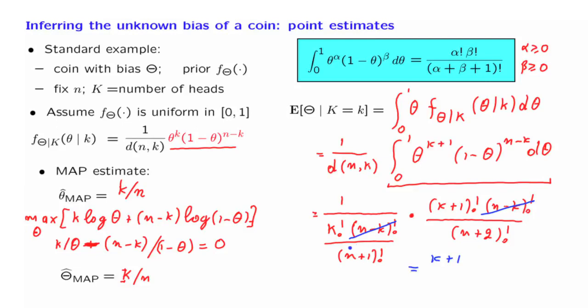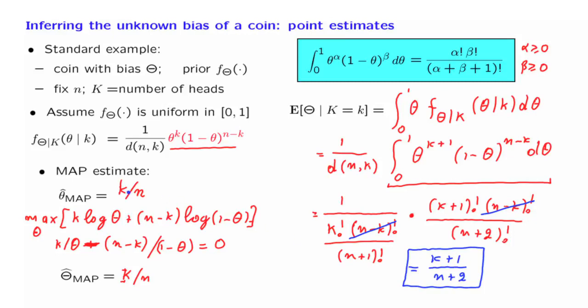This term is in the denominator of the denominator, so it can be moved up to the numerator. We have n plus 1 factorial divided by n plus 2 factorial. This is just n plus 2. And this is the final form of the answer. This is what the conditional expectation of theta is.